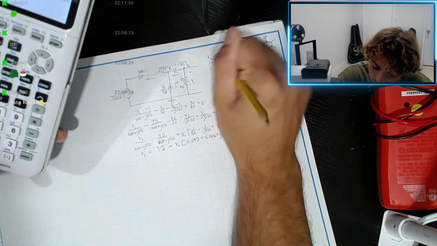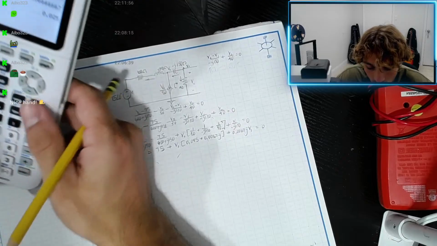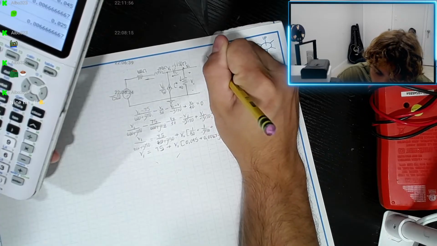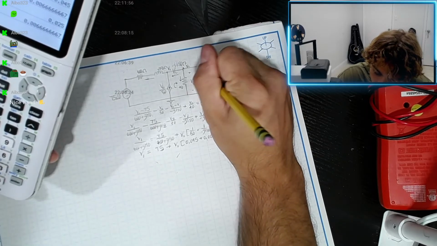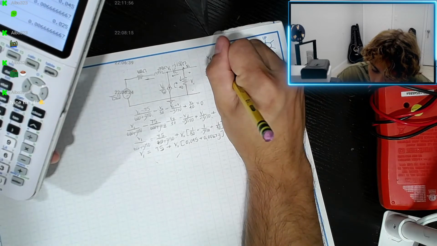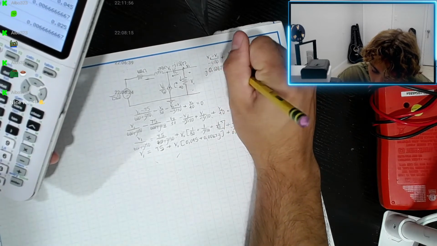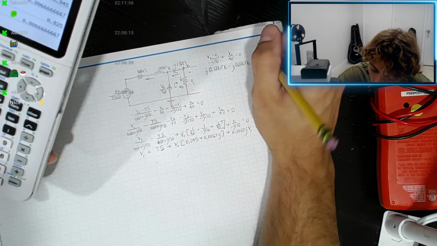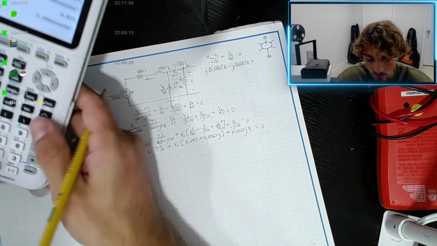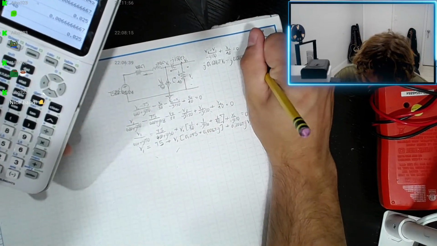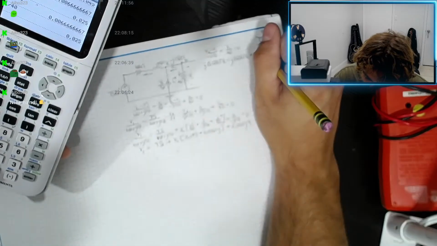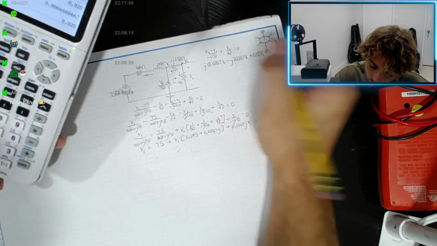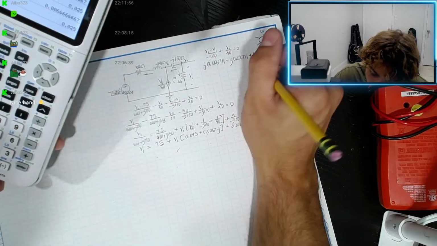That's not correct. 1 divided by 150 is 0.0067. So J 0.0067 V out minus J 0.0067 V1 plus 1 divided by 40, 0.025 V out, equals 0.